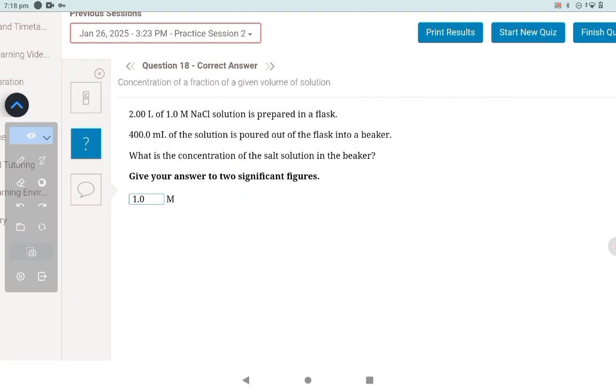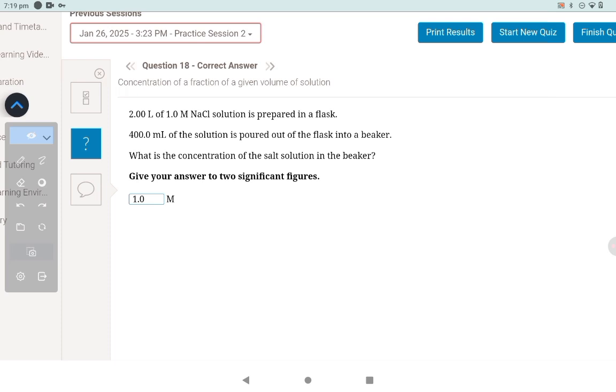Okay, 2 liter of 1 M NaCl solution is prepared in a flask. 400 milliliter of the solution is poured out of the flask into a beaker. 400 milliliter divided by 1000, so we get 0.4 liters. But we don't need calculation for this one, because they ask the concentration of the salt solution in the beaker. If you pay attention to chemistry class, you will know that when you take one part of a solution and move it to another place, the concentration is not going to change.